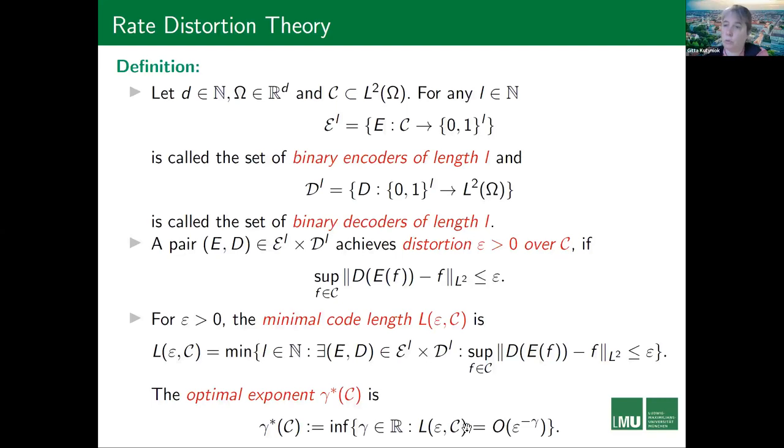Now I let epsilon go to 0. And then I'm interested in the rate of this minimal code length. Because if my epsilon goes to 0, the minimal code length has to go to infinity, and I'm interested in this rate. So that's the optimal exponent. We don't need to go into the details. Just think of it as an appropriate measure for the complexity of a function class.